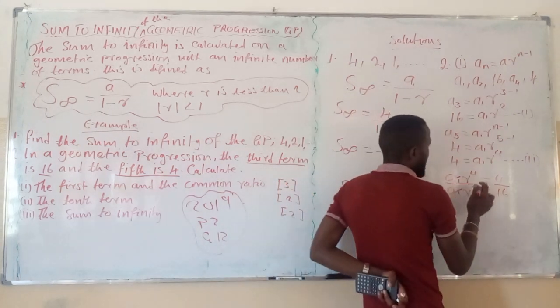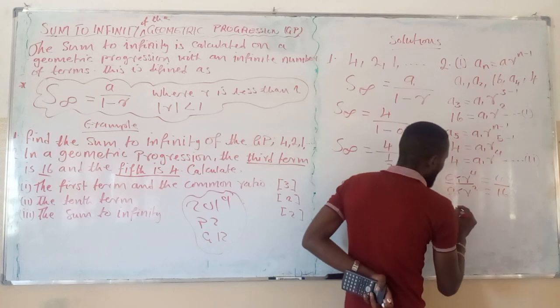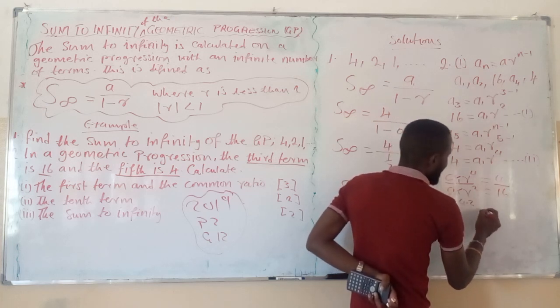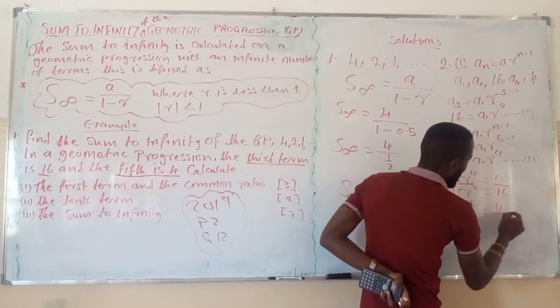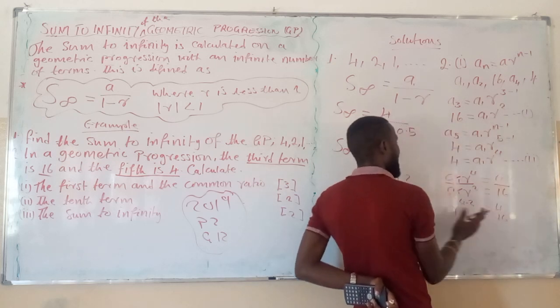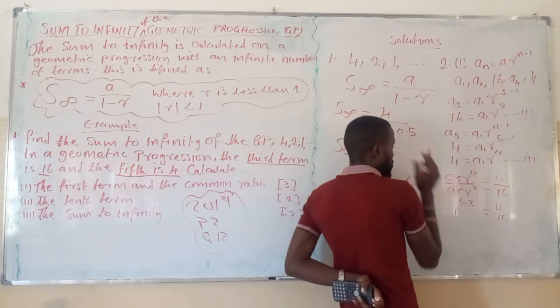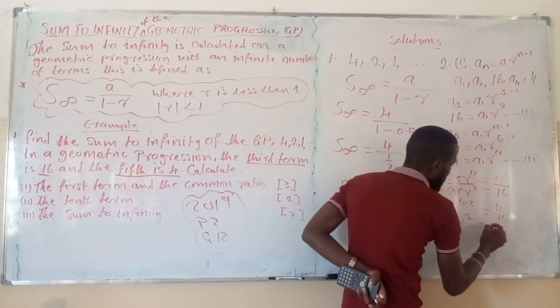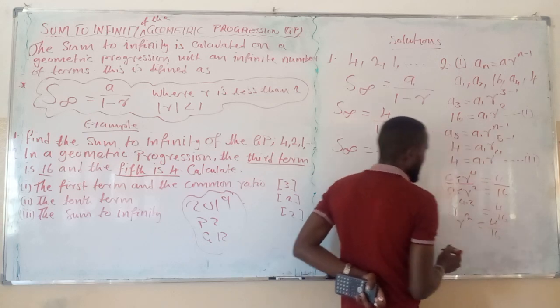So what is 4 minus 2? We are maintaining the base, which is R, then 4 minus 2, equal to 4 over 16. We don't do anything this side. So we now have R to the power 2 is equal to 4 over 16.